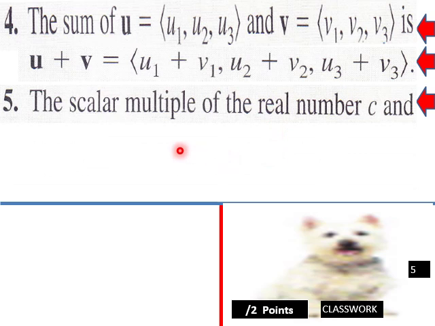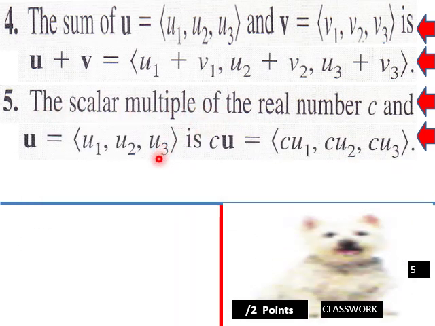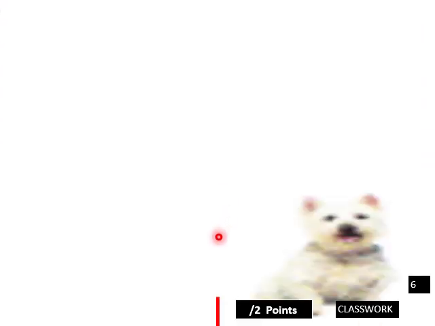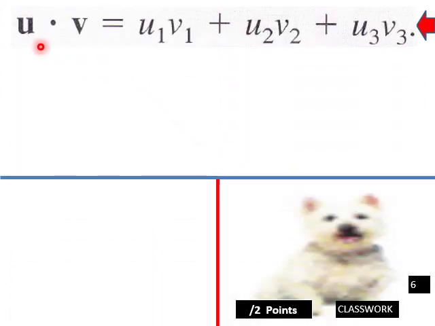Then 5, the scalar multiple of the real number c and u equals u1, u2, u3 is cu equals cu1, cu2, cu3. 6, the dot product of u equals u1, u2, u3 and v equals v1, v2, v3 is u times v equals u1 v1 plus u2 v2 plus u3 v3.